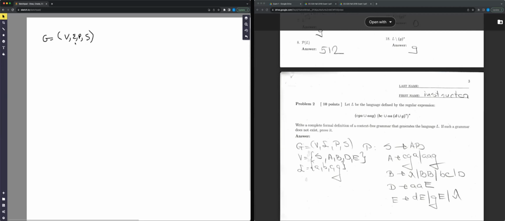That's it. This will always be the same. This never changes. Technically, this changes, but as of right now, this will never change. The order is always exactly the same also: V, sigma, P, S.